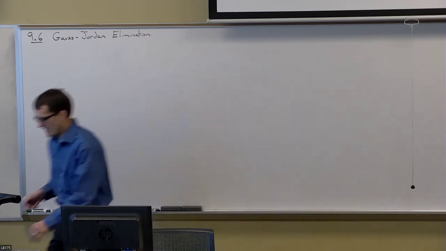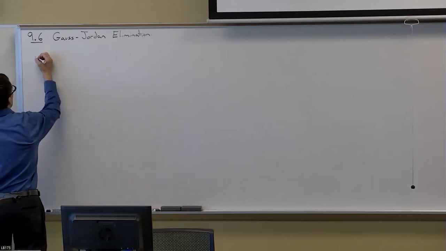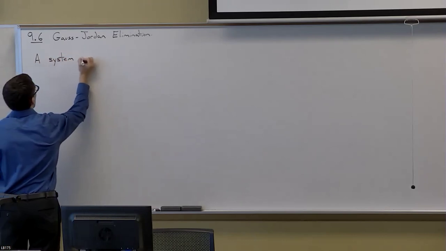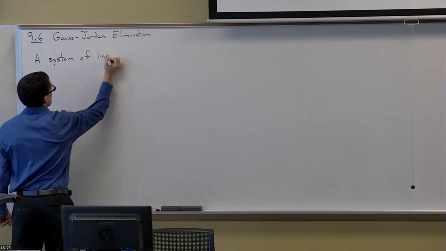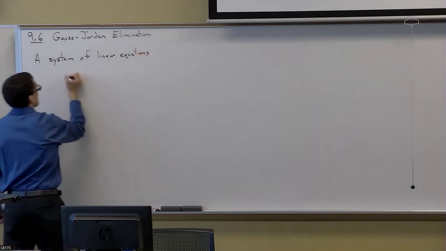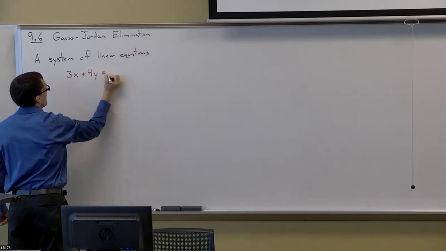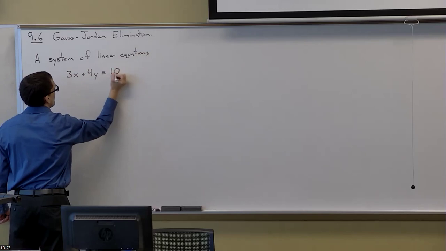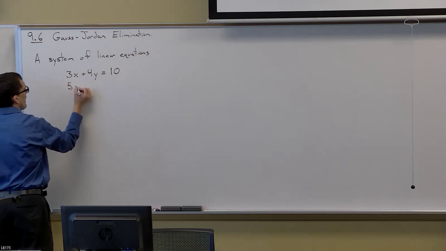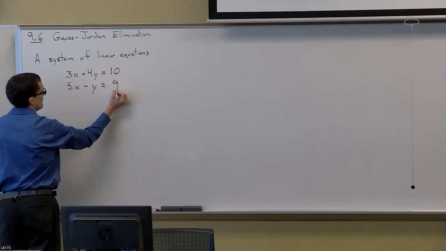So let me explain what's going to happen. We're going to have a system of linear equations. Let's take something like 3x plus 4y equals 10, and then 5x minus y equals 9.